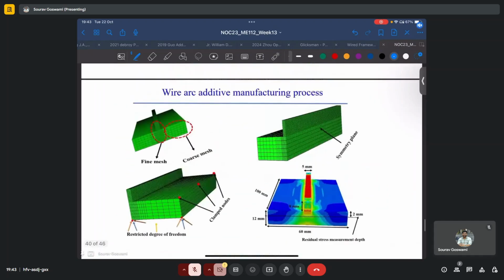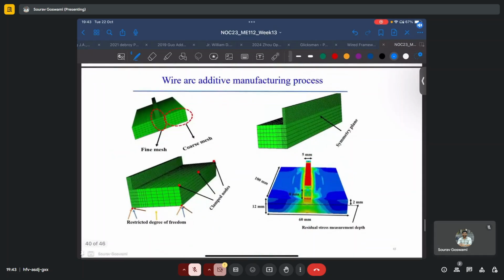So here we see some more examples of modeling. Here we also see how the mesh size can be adaptively chosen near the regions of interest and away from the regions of interest. We see that where the material deposition will take place or where the material will interact with the moving heat source, a fine mesh has been taken.